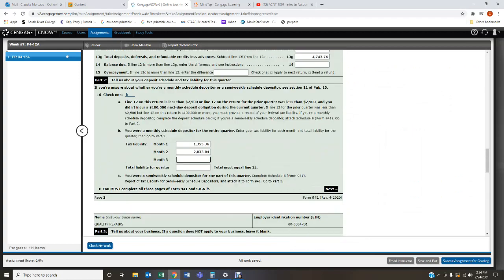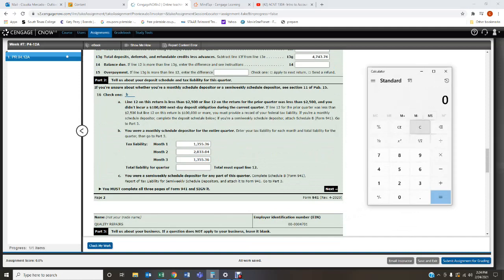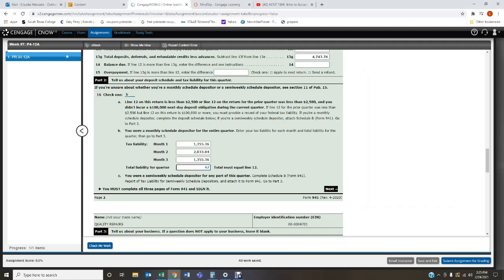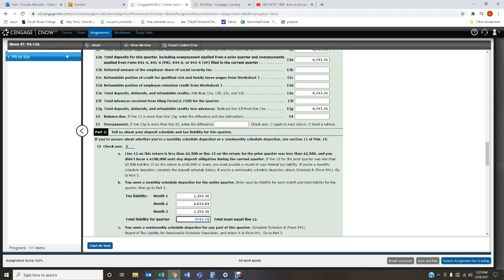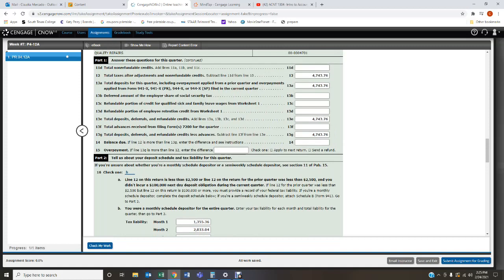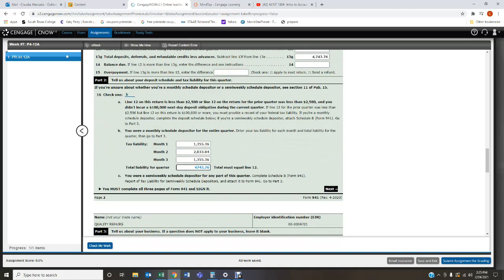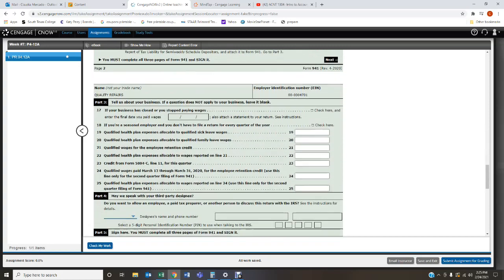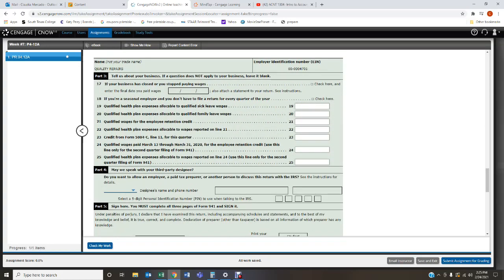Now we add those 3 numbers together. $1355.36 plus $2033.04 plus $1355.36 gives me $47.43.76. That's going to be my total. Now it says that this total must equal line 12. So go back and confirm that it equals line 12. Line 12 is 47.43.76. Very good.